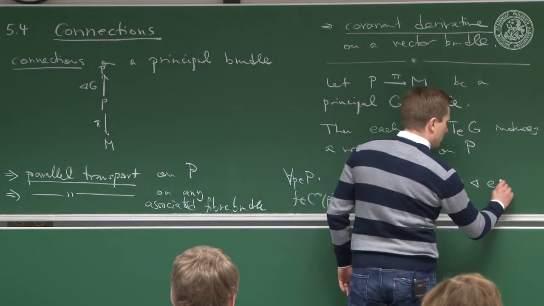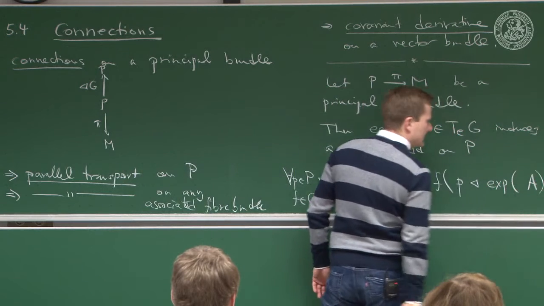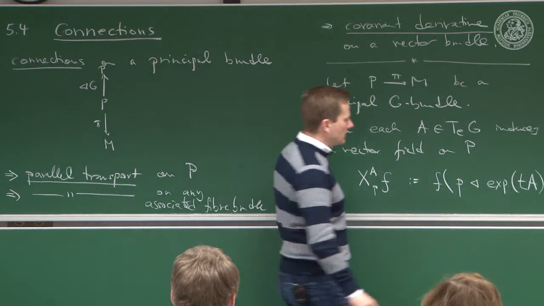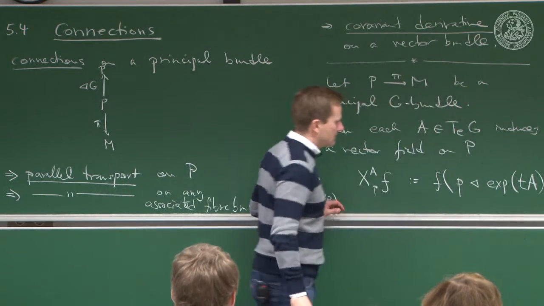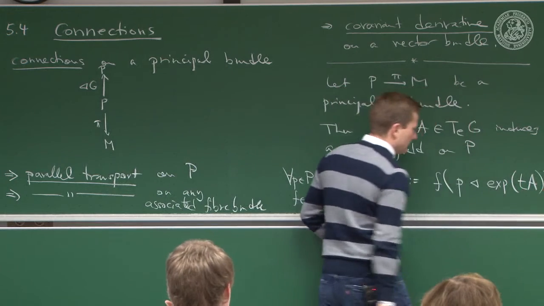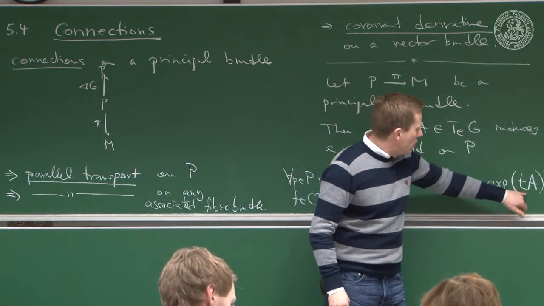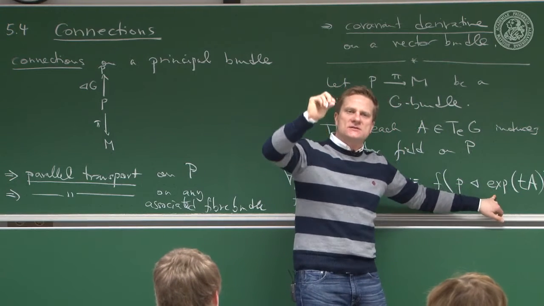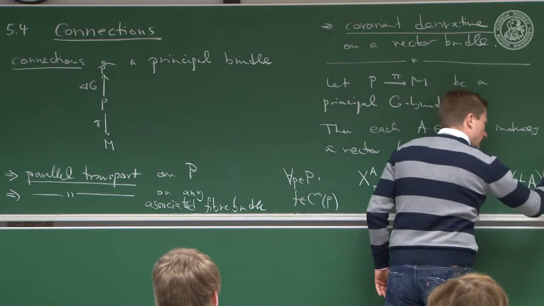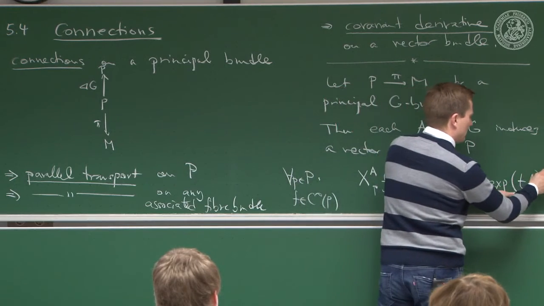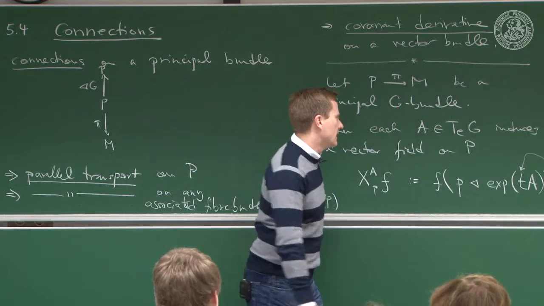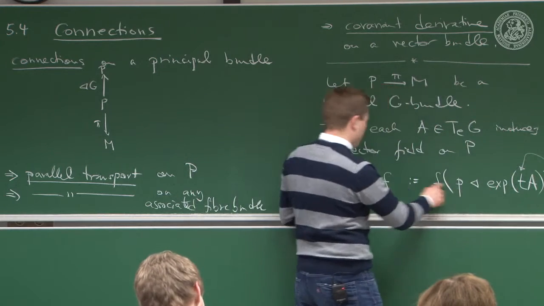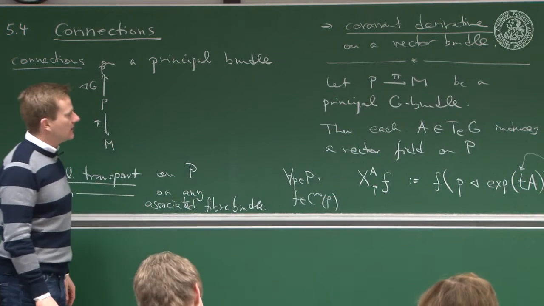Of course, we get a group element by exponentiating the Lie algebra element, but we want to look at the entire one-parameter family of subgroup here, and thus we get the function evaluated along a curve in P, because we start with the point p and this pushes us further along this curve. Then we take the derivative with respect to this parameter t and evaluate at t equals 0, which means at the point p, and this defines this vector field.